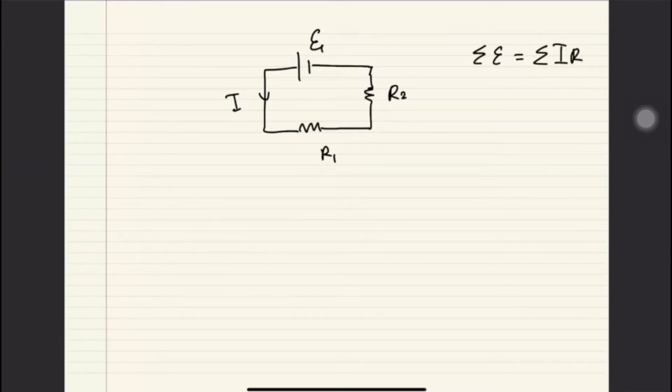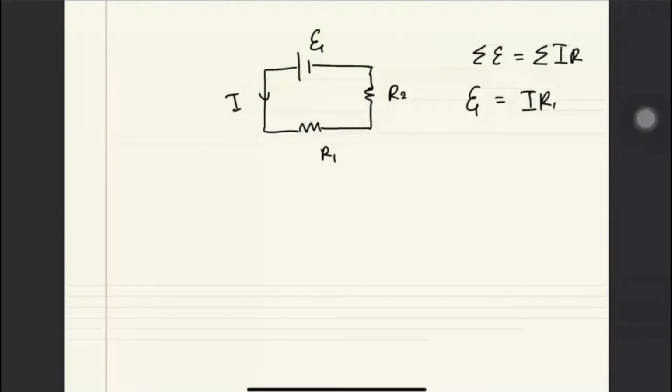The EMF part is where they gain the voltage potential. The IR part is where they lose the potential. So it is actually on the left side too: if it is on the left side, it becomes plus EMF minus IR. So in this case, let's say epsilon 1 equals IR1 plus IR2.